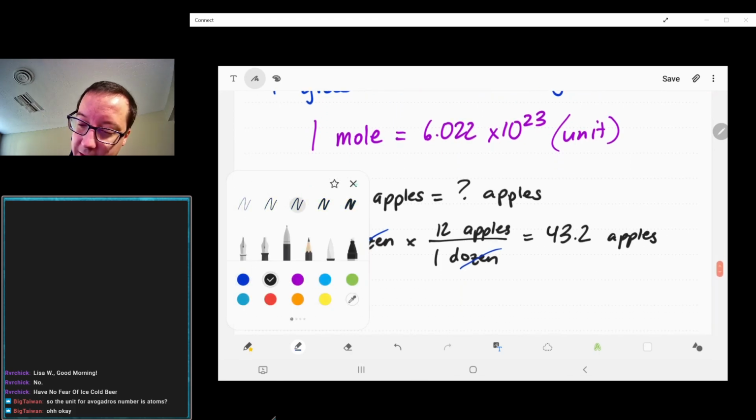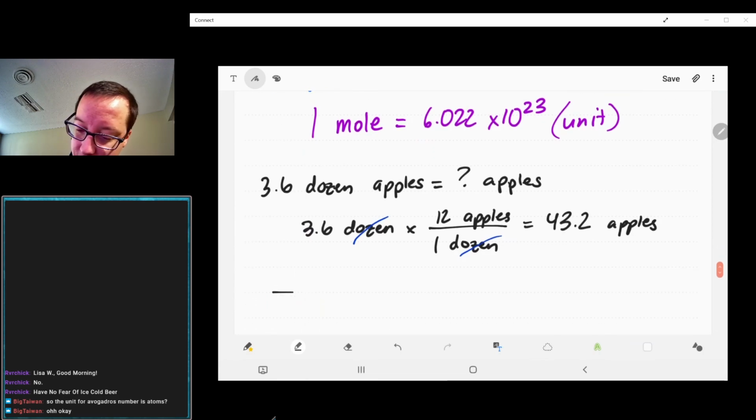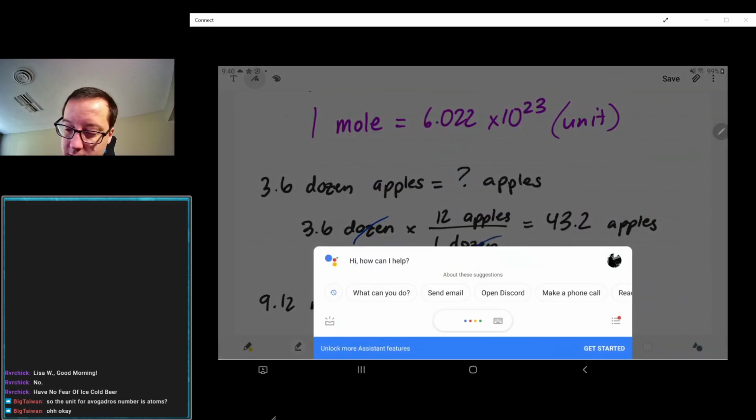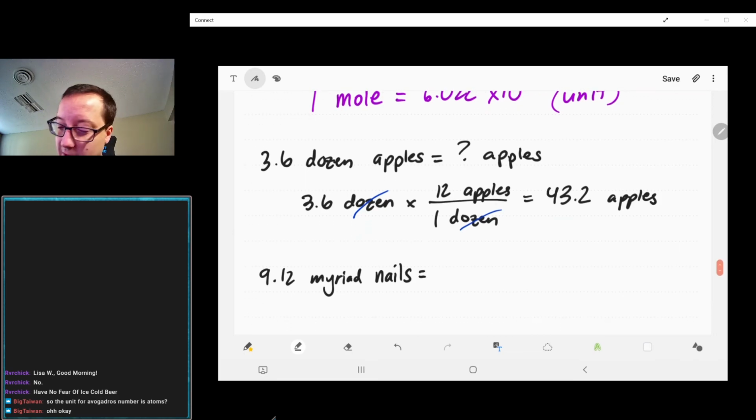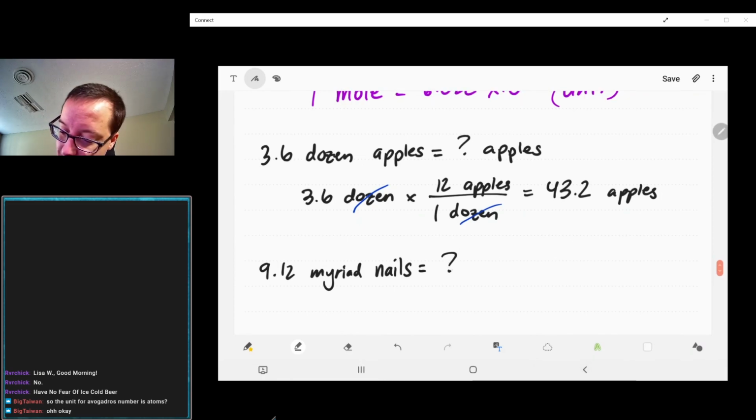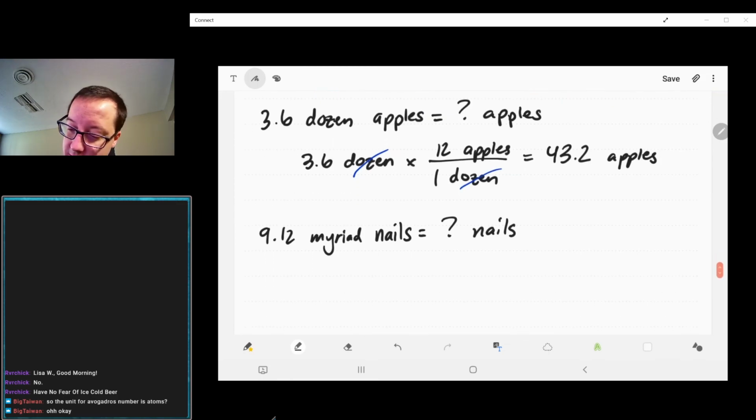If we had, I don't know, 9.12 myriad of, what shall we have a lot of? Nails. We're working at Home Depot dealing with many, many nails. We can bring that into real numbers.